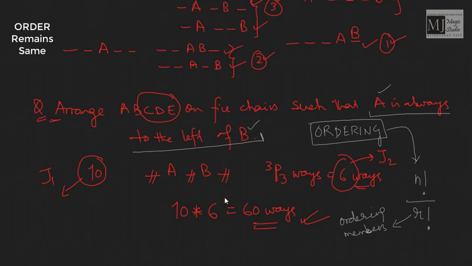In this case, we have 2 members who shall always maintain the order of A, B. Whenever we divide by factorial r, I hope you remember, we call it discounting, and discounting means treating them as alike items.